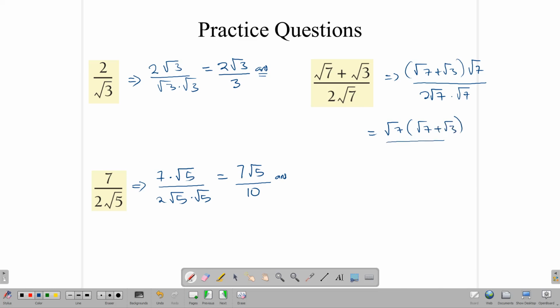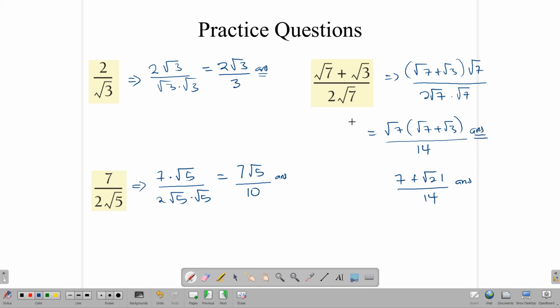And in the denominator we have 2 times root 7 times root 7, which means 2 times 7, and 2 times 7 is 14. Of course, we could multiply the top here to say root 7 times root 7 would be 7, and root 7 times root 3 would be root 21 over 14. And of course, that would be the same answer as above.